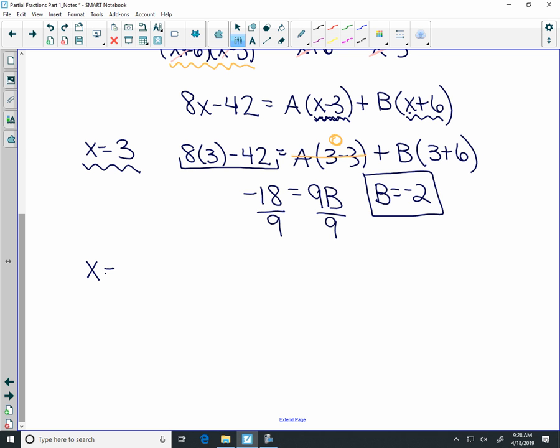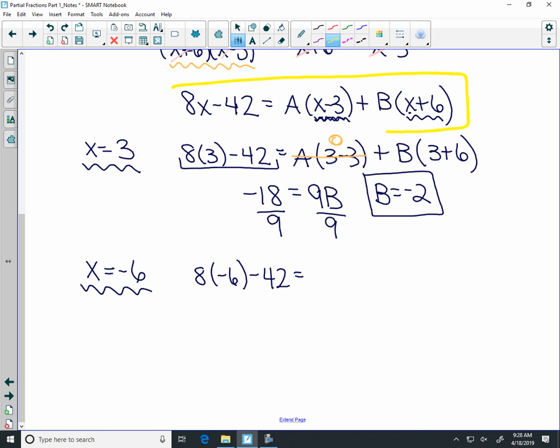Yep. So 8 times negative 6 minus 42. And what I'm looking back at is this right here. Don't get distracted by your work that you did with that x equals 3. I'm going back up to that.